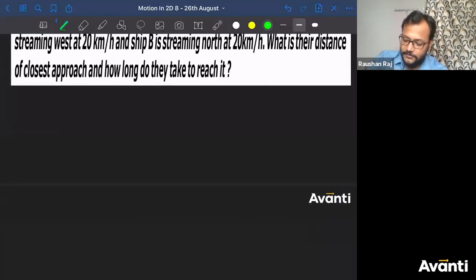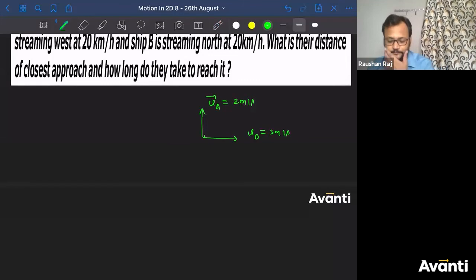If there is a particle which is moving in this direction, okay, and let's say this is 2 meters per second. There is a particle B which is moving in rightward direction, it's 3 meters per second. All right.